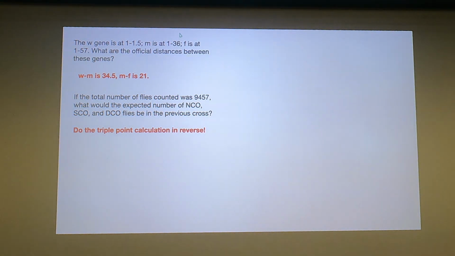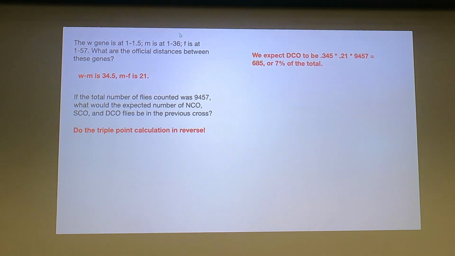So the likelihood of both of those things happening is going to be the product law. Remember that? So the probability of both of those happening is going to be 0.345 times 0.21. So we can already estimate what the number of double crossovers should be, assuming no interference, okay?